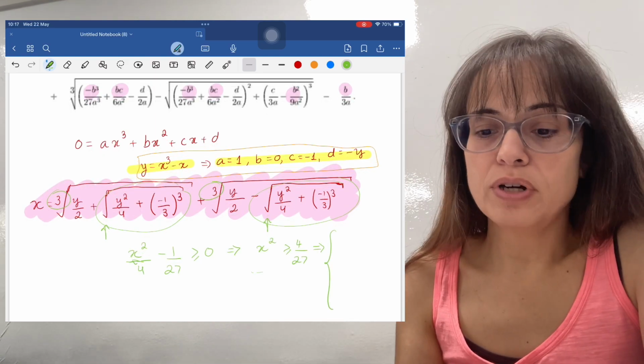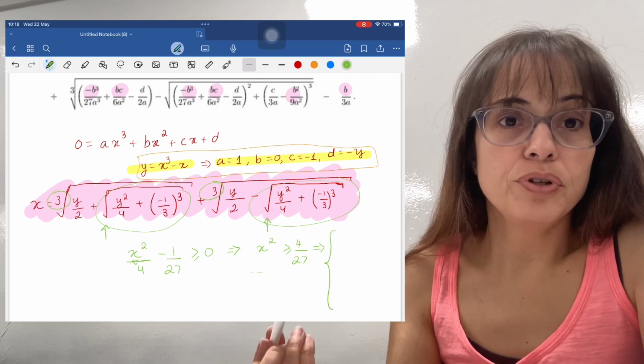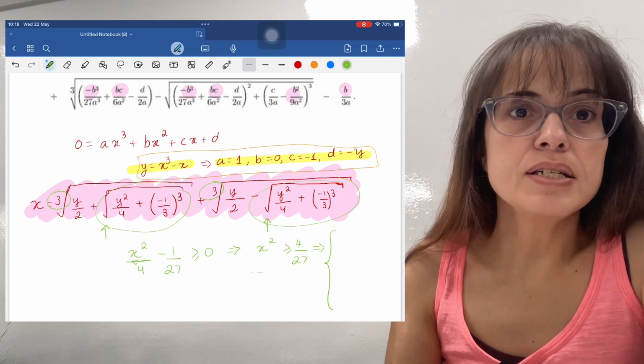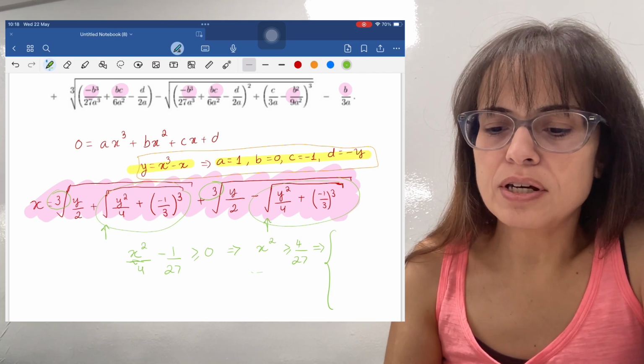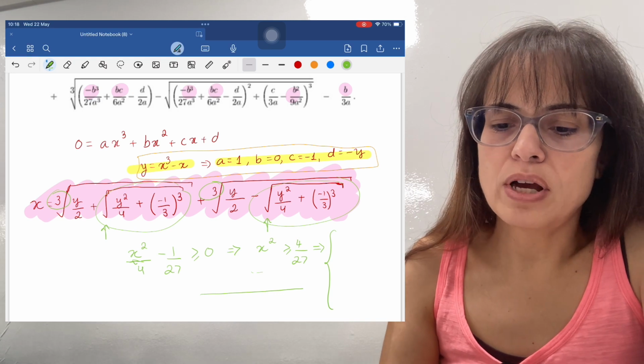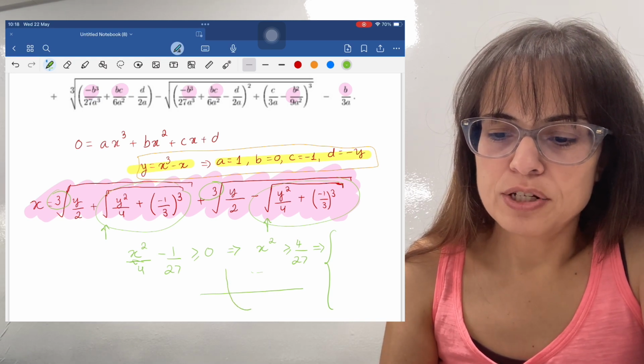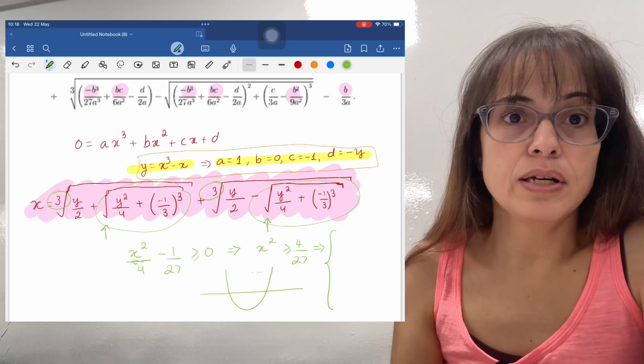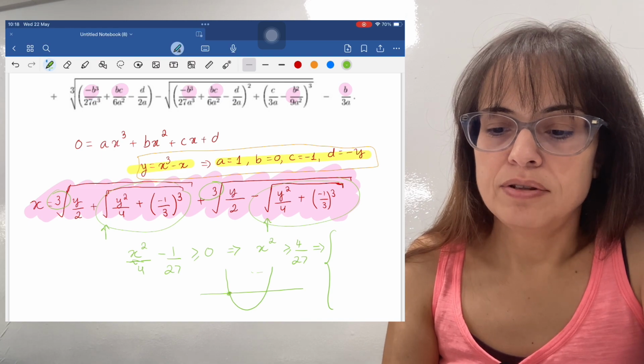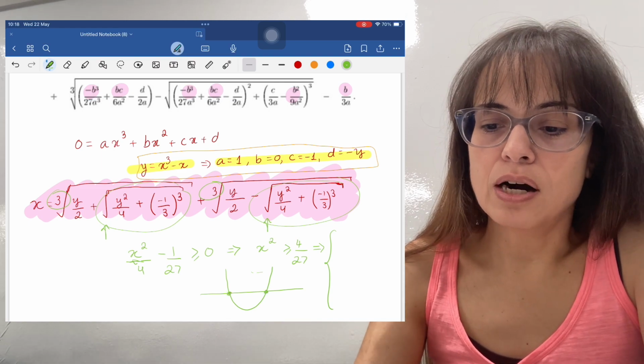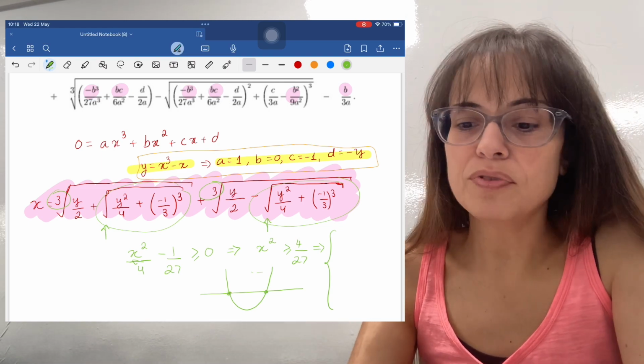So you need to have your x squared bigger or equal than 4 over 27. This is a quadratic inequality that you are trying to solve. So x squared minus 4 over 27 looks like this. And the zeros of this thing are plus or minus the square root of that number.